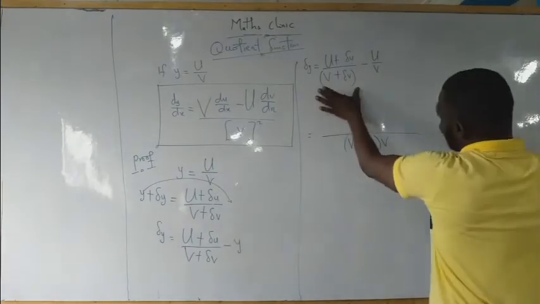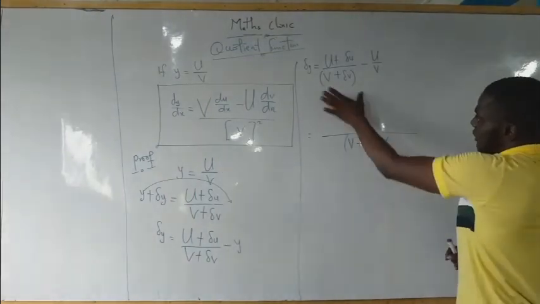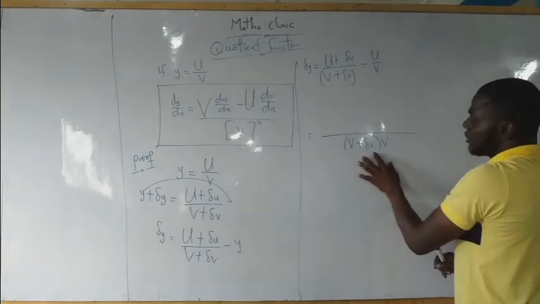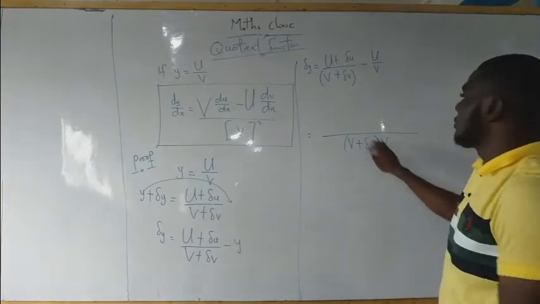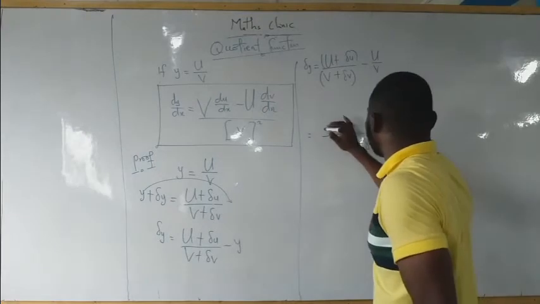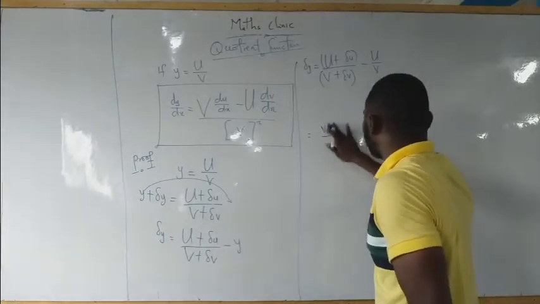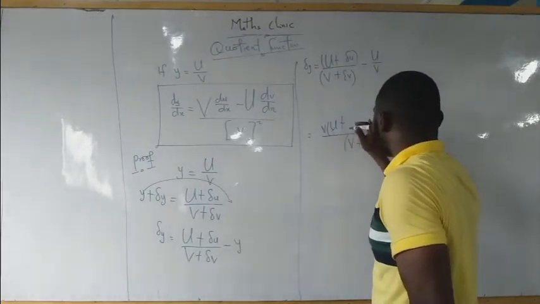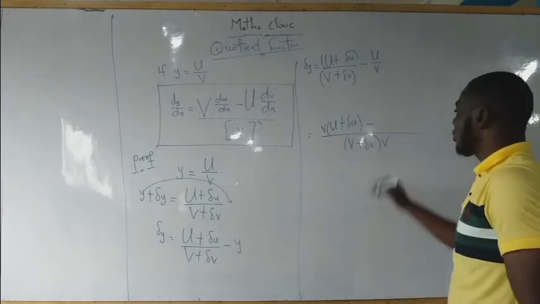So how many times can we see v plus dv in this? V plus change in v and v. V times all this will give us v into bracket u plus change in u, minus.